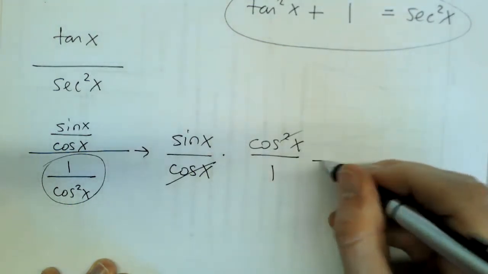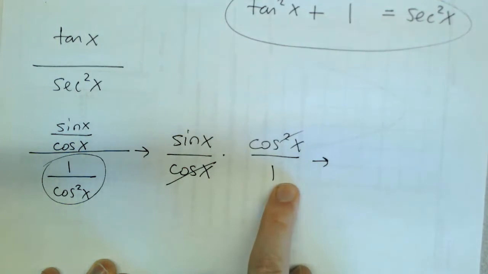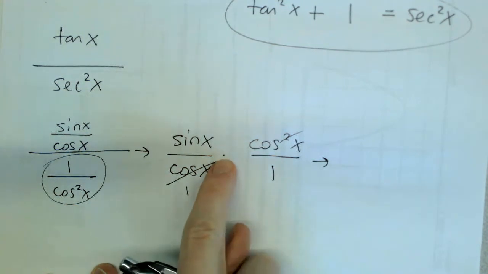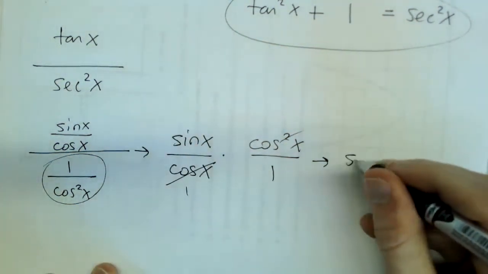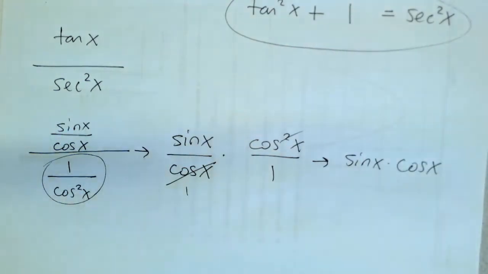So it just won't be squared anymore. So there's nothing left in the denominator. It's just a bunch of 1s, right? So I think the denominator is essentially gone. There is no more denominator. All that's left is the stuff in the numerator, which is sine times cosine, which I don't think it's going to get any better than that. That should be one of the answers. Is that okay?